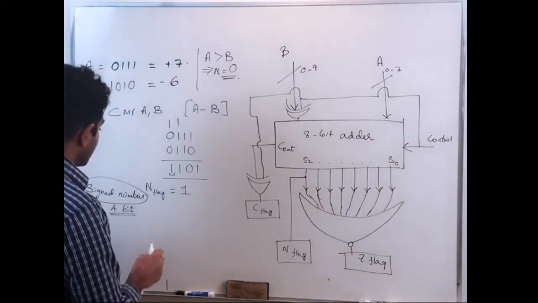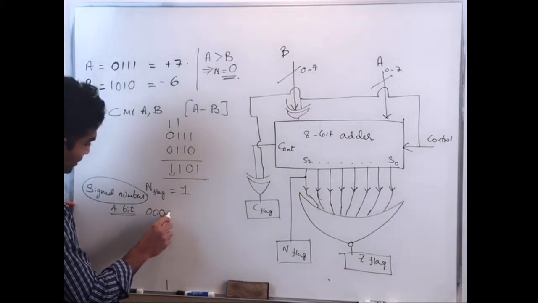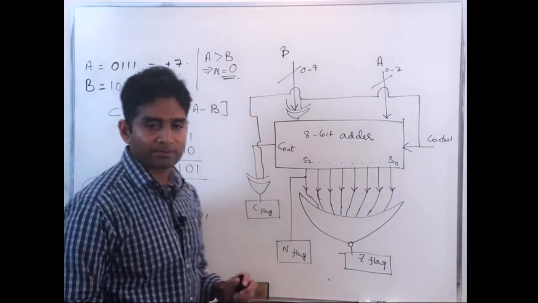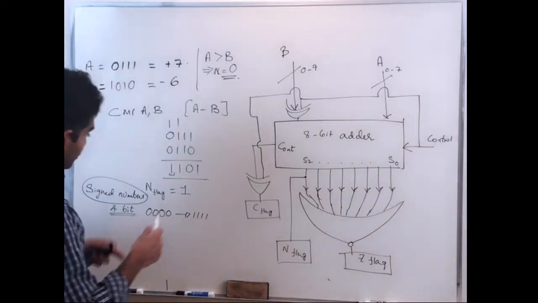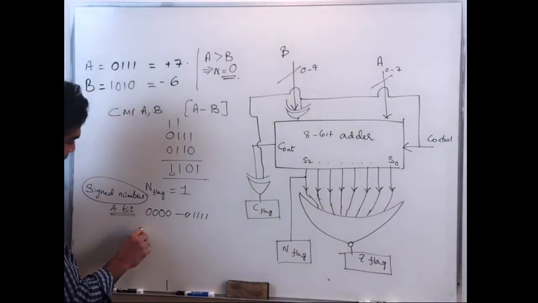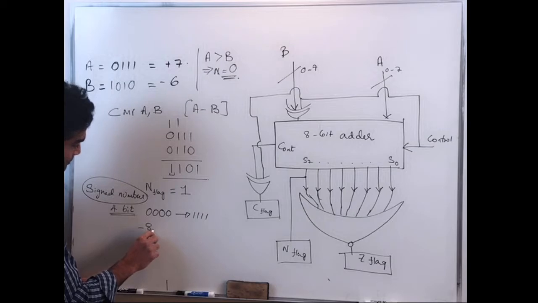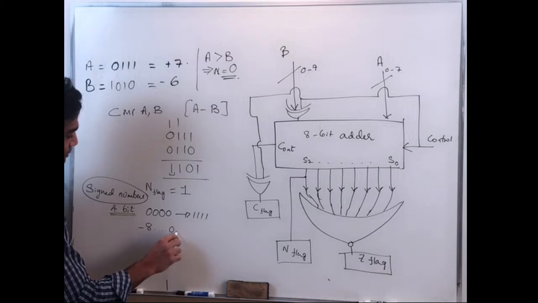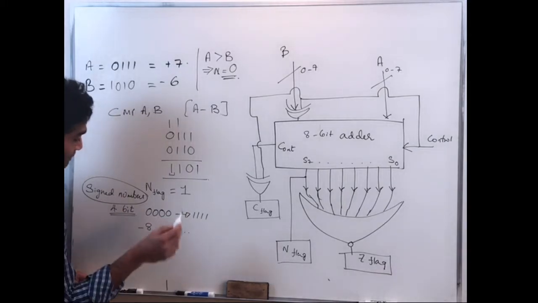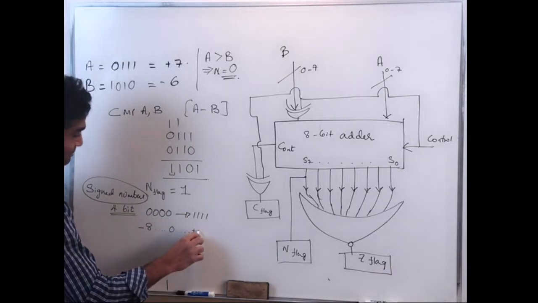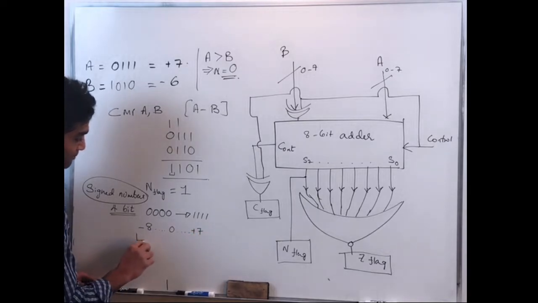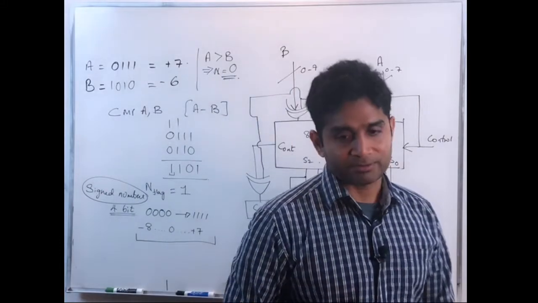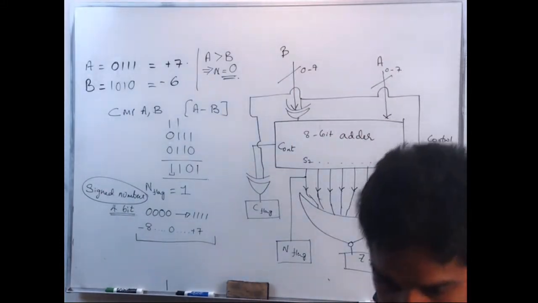Again, you go from 0, 0, 0, 0 to 1, 1, 1, 1, right? That's the range of numbers I can represent. And in terms of the values, I know that I can go from -8 on the negative end, that's the least negative number, to 0. And on the positive side, the maximum positive number I can get is +7. That's the range of values I can represent with 4 bits, signed numbers.